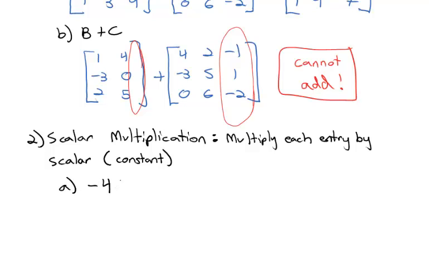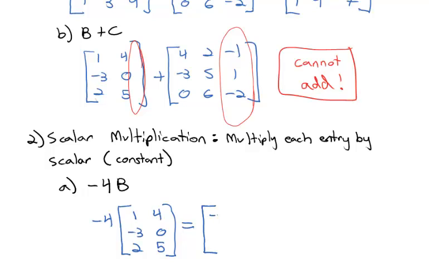Let's do -4 times matrix B. So we're going to take -4 times matrix B, which was 1, 4, -3, 0, 2, 5. And to do this, we multiply the -4 times each entry.